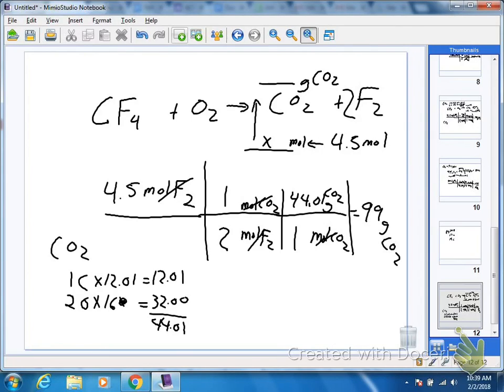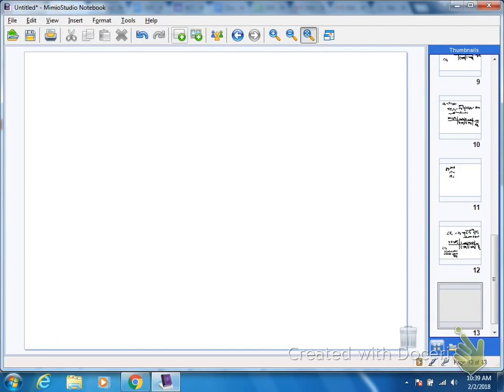Yes. Number 4. Okay? We have to balance it. You've got to make sure it's balanced. So this is number 4 on the worksheet. NH3 plus CO2.